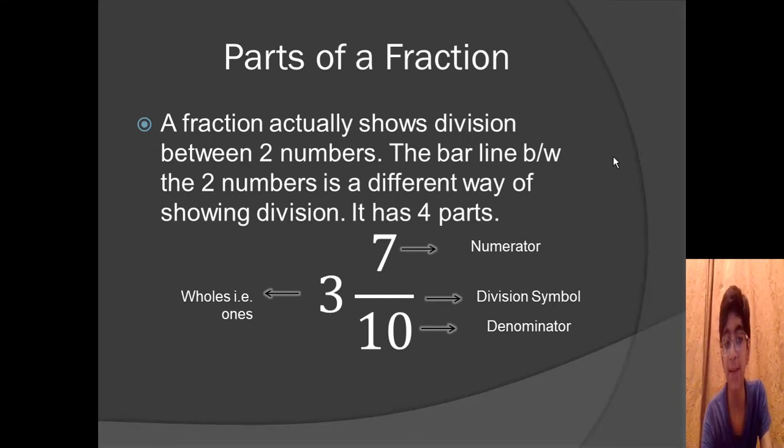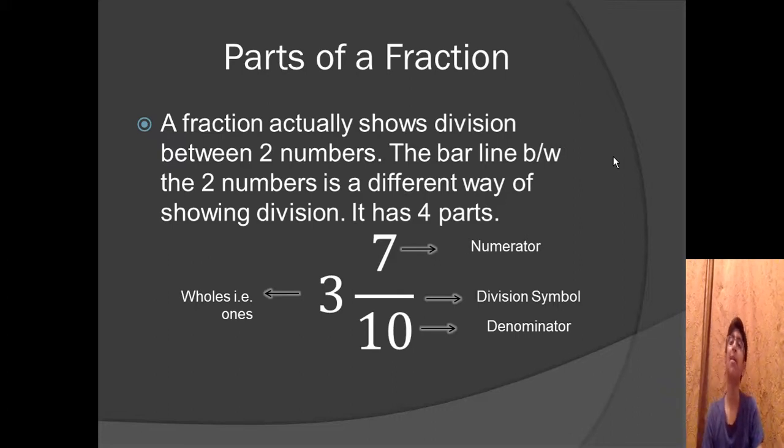That means 30. At first this numerator was 37, and afterwards when this was cut into wholes and fractions, 3 became the whole because 30 is divisible by 10.